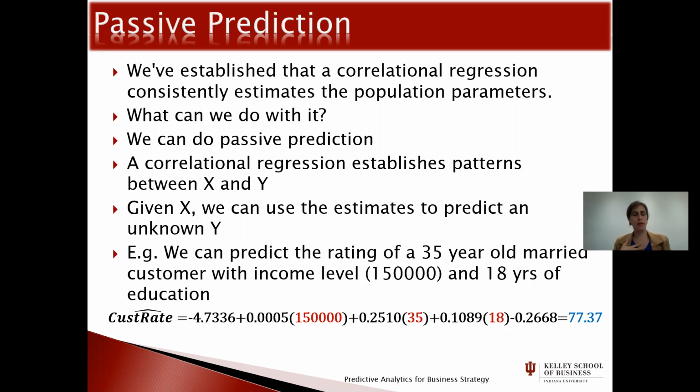You use your model and substitute the values, using your beta hats, for that particular customer. So don't forget to add your beta 0 here. Some people will forget to do that. Don't do that. I don't want to deduct any points. Then you have your beta 0, beta 1 times income level, beta 2 times age, beta 3 times level of education. Then you know that the person is married, so you load that dummy up, and you know that this customer is going to have a rating of 77% of your product.